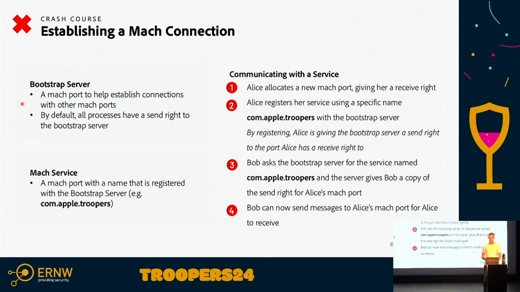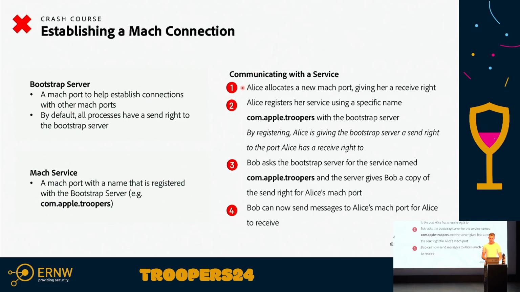By default, every process on the system has a send right to this Bootstrap server. Additionally, Mach services. A Mach service is just a special Mach port with a name that is registered with the Bootstrap server. So for example, let's say we have a service called com.apple.troopers. That's going to be registered with the Bootstrap server, and it is going to know about it.